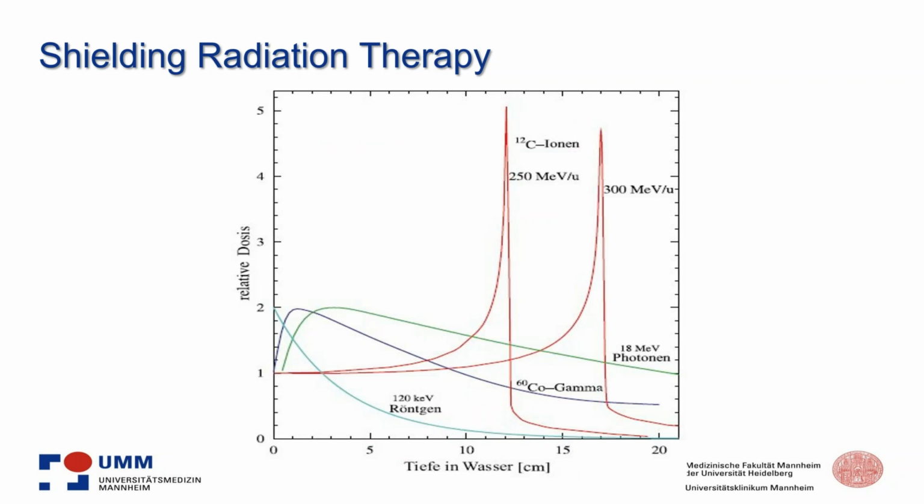Here, the energies we have to deal with in radiation therapy are much higher than in nuclear medicine. In nuclear medicine, you have seen fluor 18 for patient examination between 500 and 600 keV, and the lowest energy you normally deal with in radiation therapy is cobalt 60.